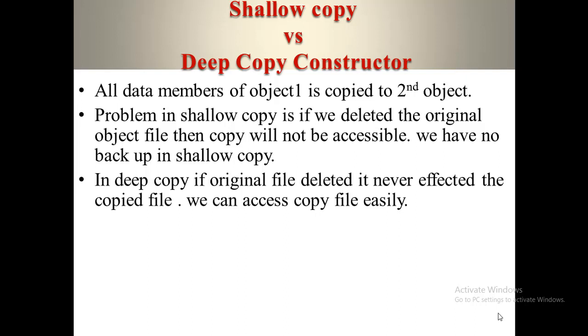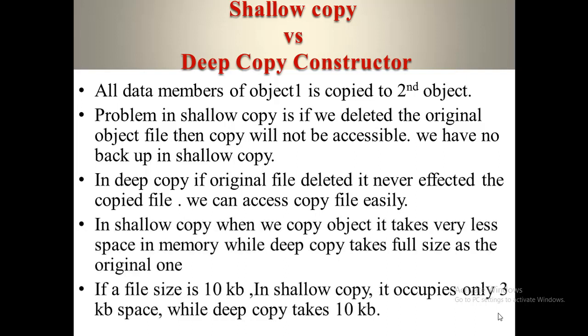We have no backup in shallow copy. While on the other hand, in deep copy, if the original file is deleted, it never affects the copied file. We can access the copy file easily without any interruption.